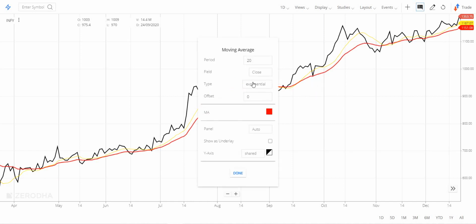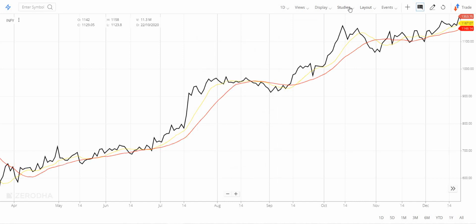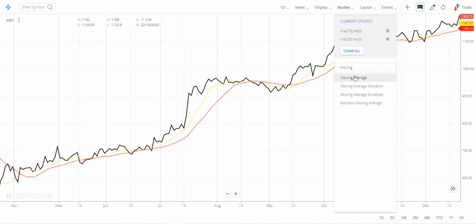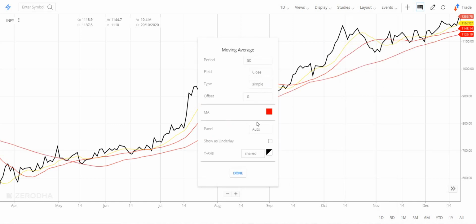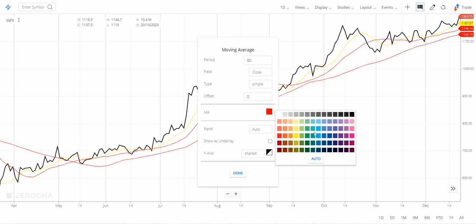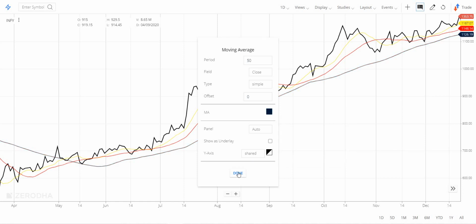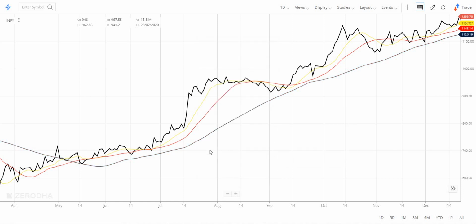This is also, let me turn this also to simple. Now I am going to add another one, a 50 moving average, simple. Let me change the color to blue, a darker shade of blue. Okay, here it is.